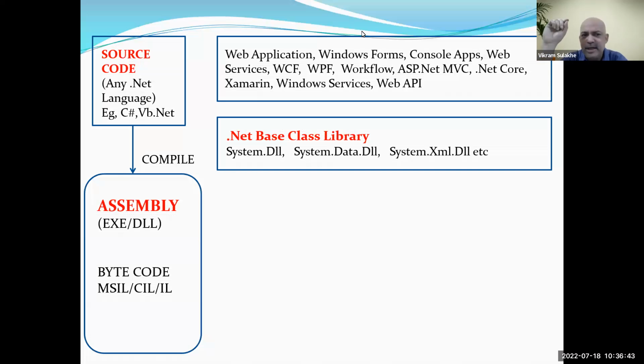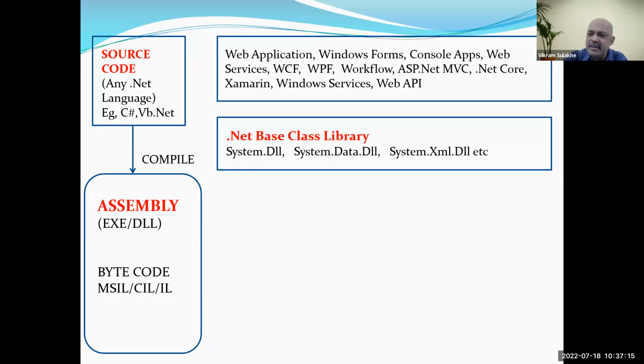Okay. So what have we said so far? When you compile your code, you're getting an assembly. An assembly is in IL format. And we said the assembly could either be an exe or a DLL. So what is the difference between an exe and a DLL?